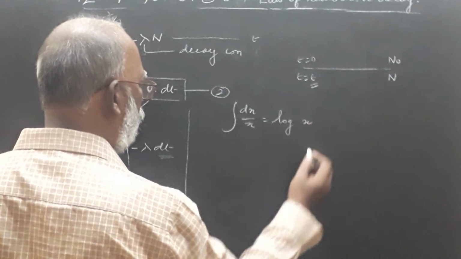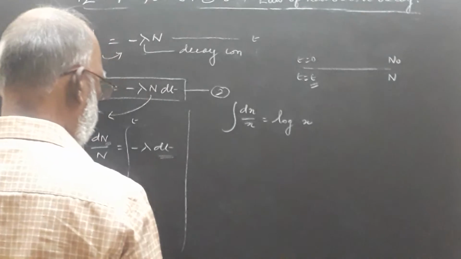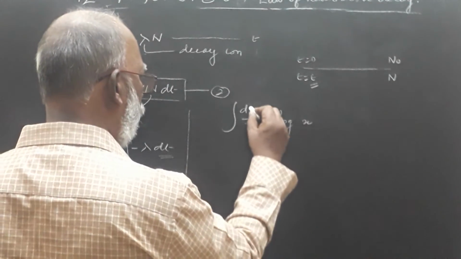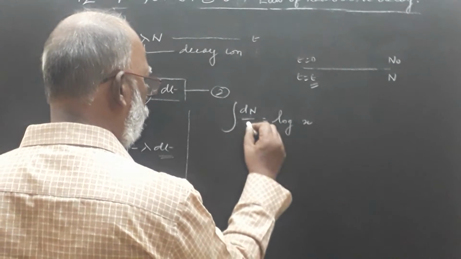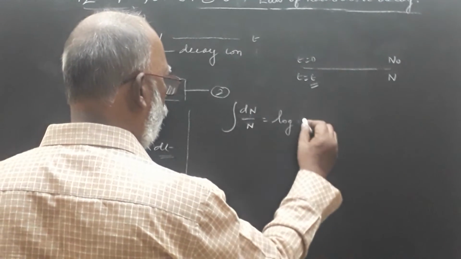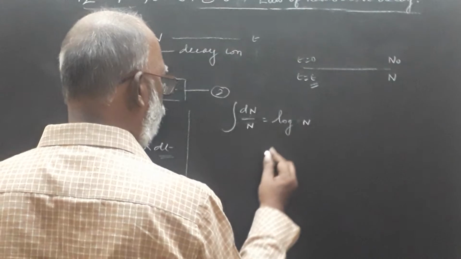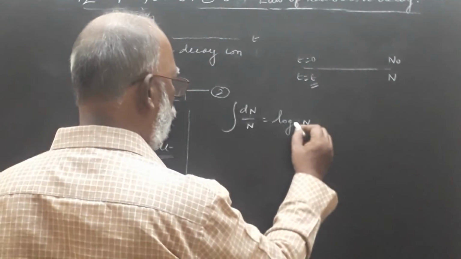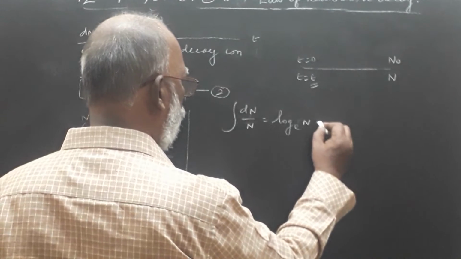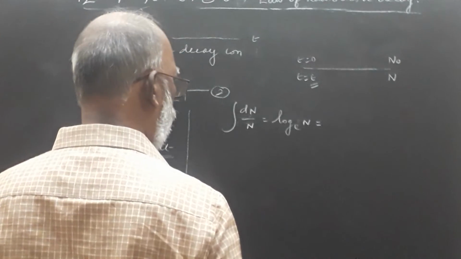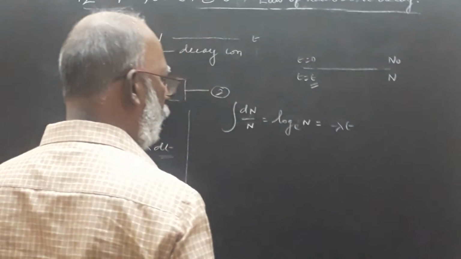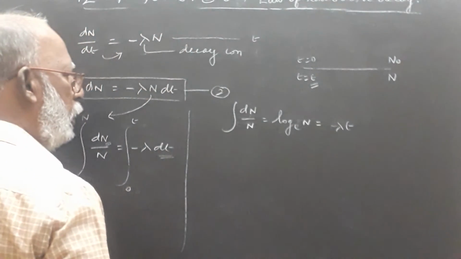Here, instead of dN by N, we put log N base e equals minus lambda into t.